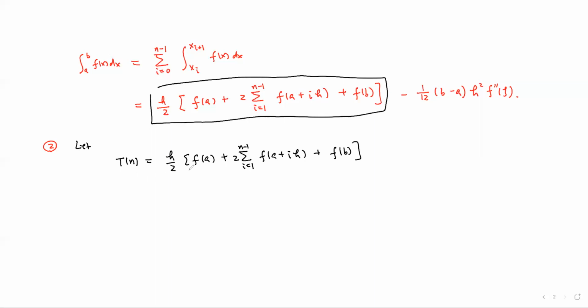Yeah, I use this notation for this number. Let me talk about this Tn.